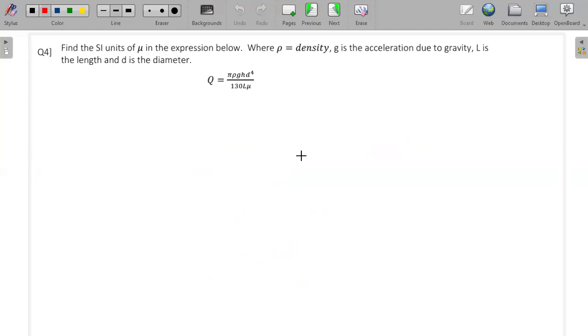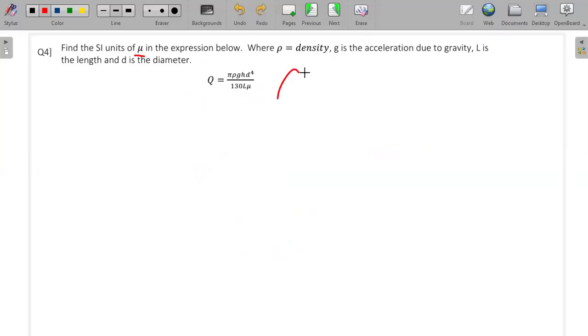Okay, so we've been given this question here. They're saying find the SI units of mu. You can see mu there in the expression below. So this is the expression here.